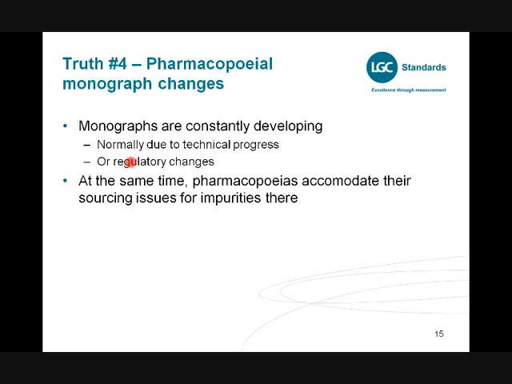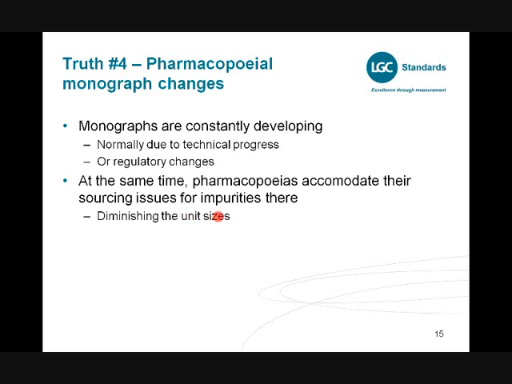When the monographs change, at the same time the pharmacopoeias very often also accommodate their sourcing issues for impurities. And you will see that over the years and over the change of the monographs, the unit sizes of impurity reference standards from the pharmacopoeias are changing.